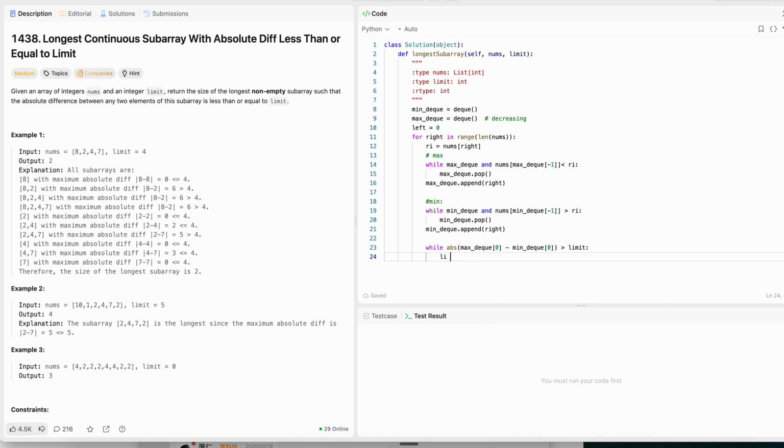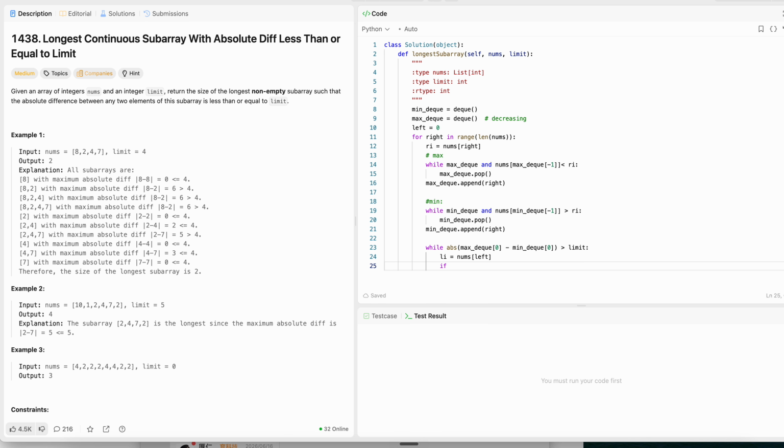Oh, the left integer is this. We want to make sure first whether the element we move is the max value.